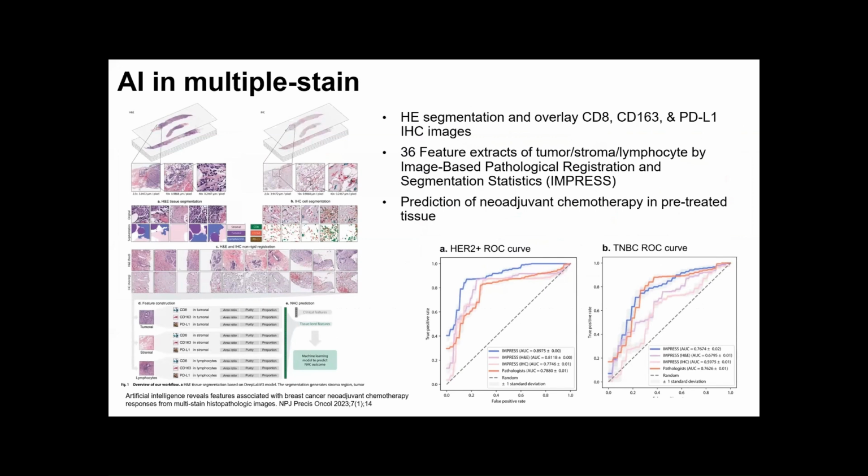The blue curve is the prediction by the authors' model, and the red curve is the pathologist prediction in HER2-positive breast cancer and triple-negative breast cancer. It used the spatial information of multiple 2D images based on AI.